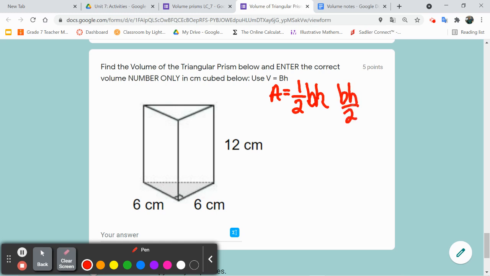Doesn't matter which one you use. You go find your 90, and I see 6 times 6. I get 36 centimeters squared. Divide that by 2, and you're going to have 18 centimeters squared. There's your big B. Now all you have to do is multiply that times the height. That's the side that's connecting the two triangles, and there it is. Multiply it times 12, and you just put in the number only.